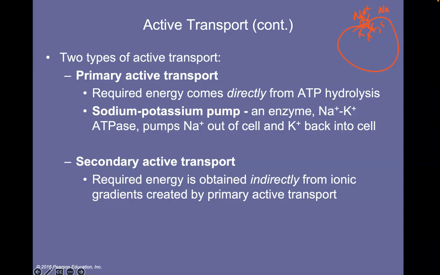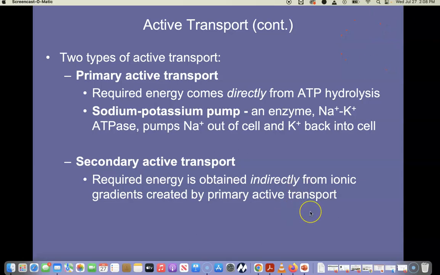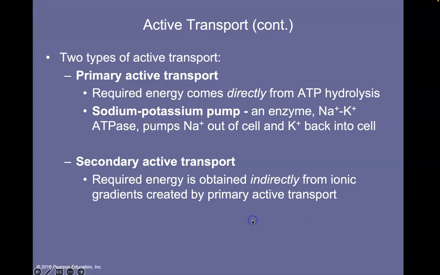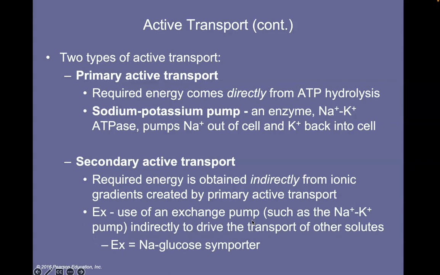And so then this ionic gradient can be used to indirectly bring in other molecules. You'll see this happen with a sodium glucose transporter. Again, we can use that ionic gradient established from active transport.